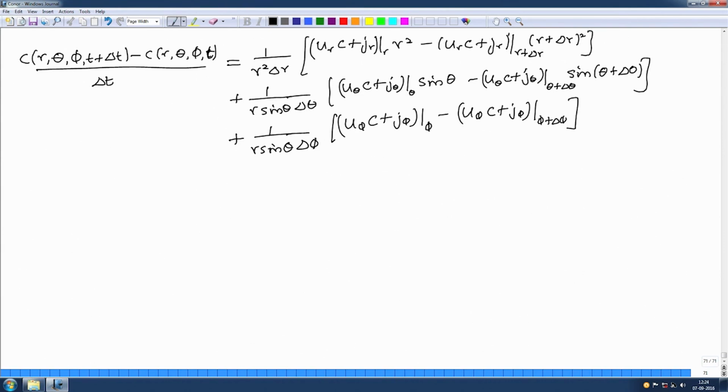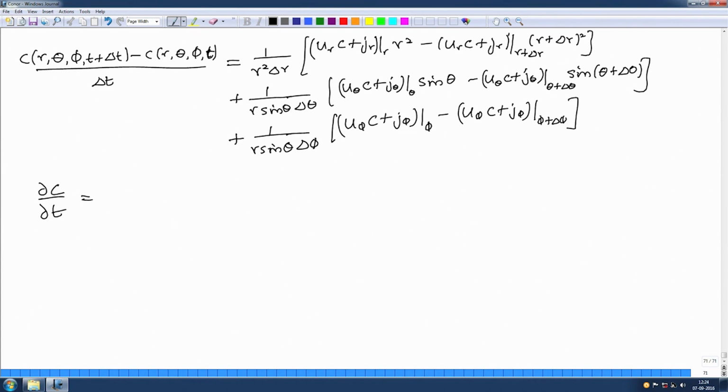So, that is the difference equation simplified, and now I take the limit delta t, delta r, delta theta, delta phi going to 0. And the differential equation you will get will be partial c by partial t. I have urc plus jr at r minus urc plus jr at r plus delta r, times r square.